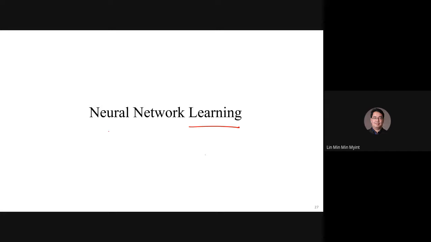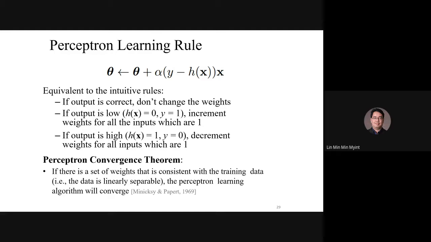The neural network has to learn first. Technically we call the learning training. How can we train the network, or how can we train the model? So how can we train the model?